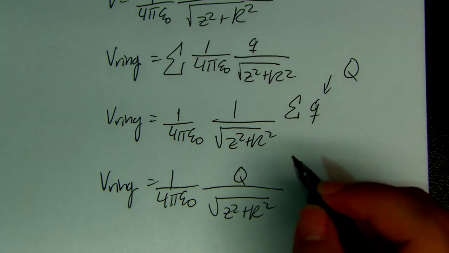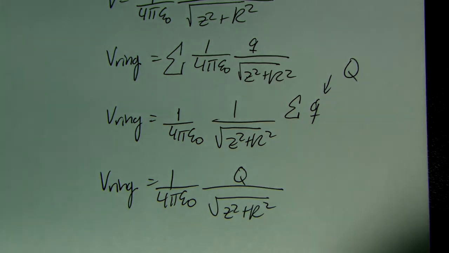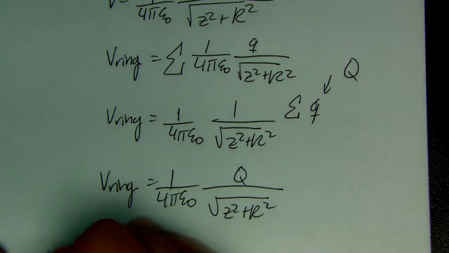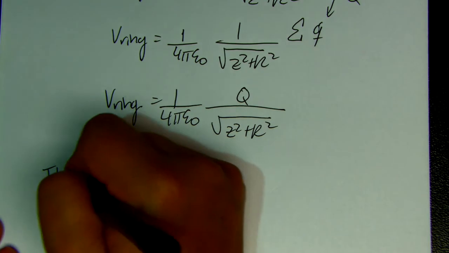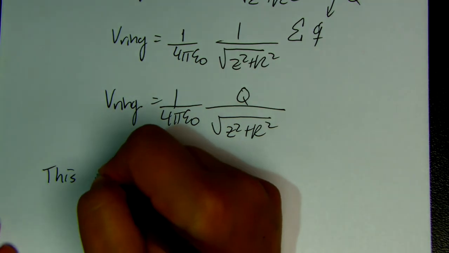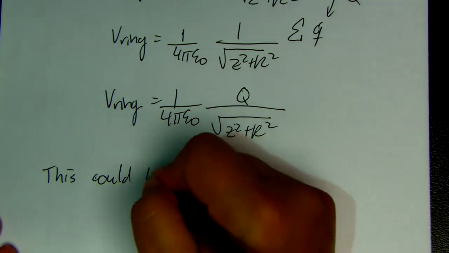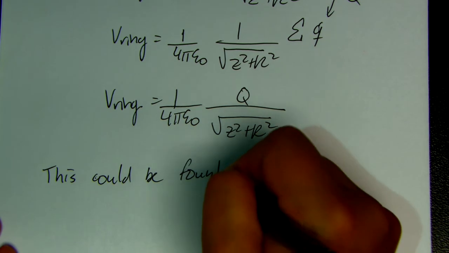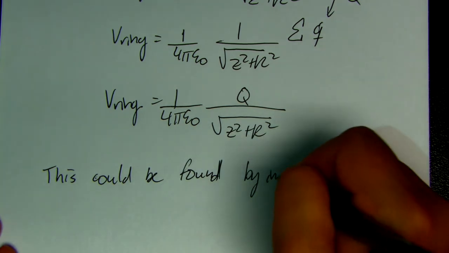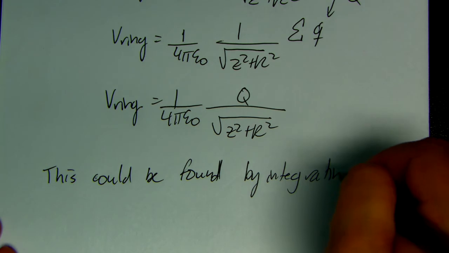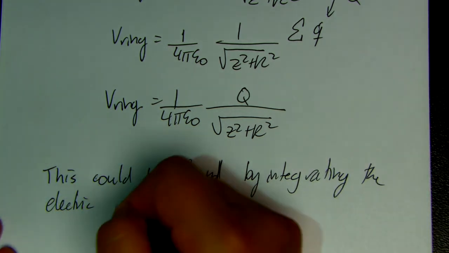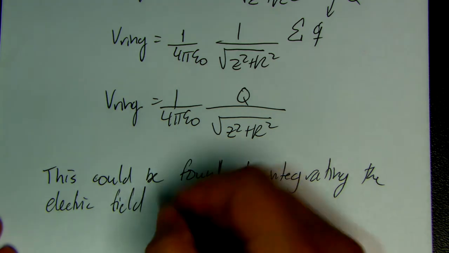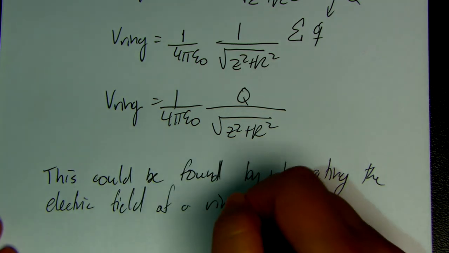And this isn't the only way that you could find this result. This was pretty straightforward to determine by just reasoning through the shape. You could also find it through integration, by integrating the electric field of a ring. So remember that negative gradient?